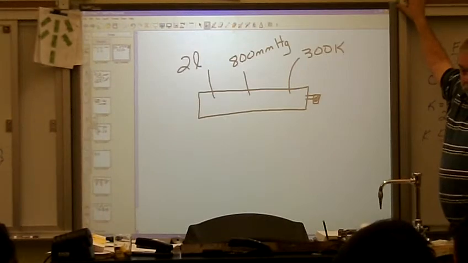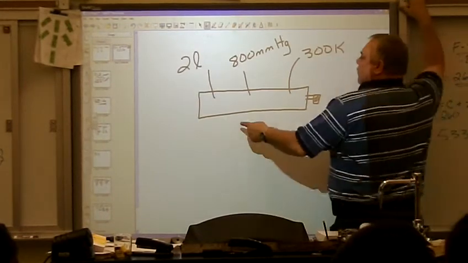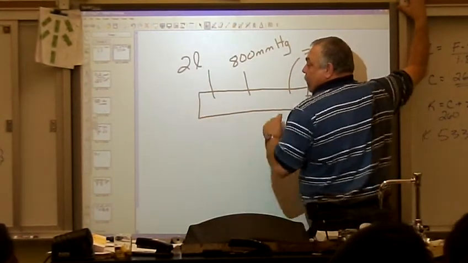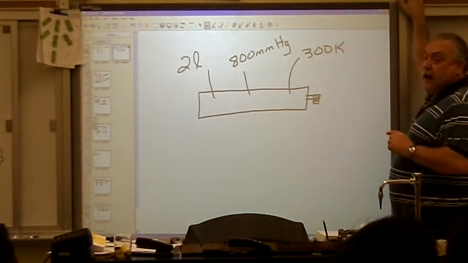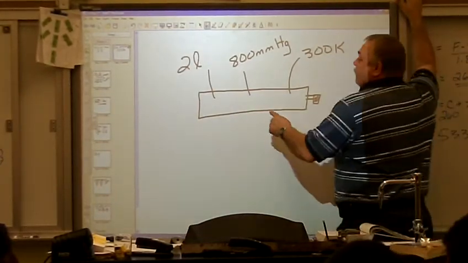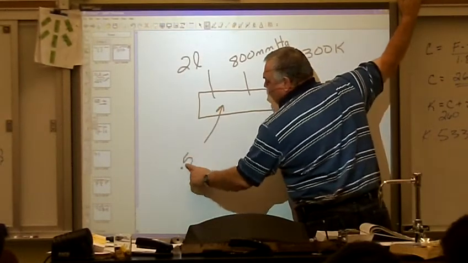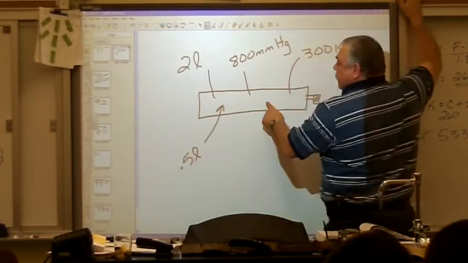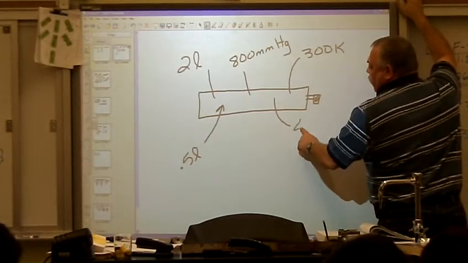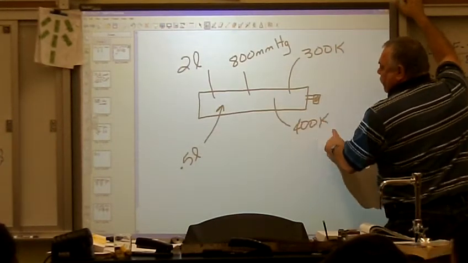But here's what happens. This object gets put into a trash compactor, and the volume decreases to 0.5 liters, and the temperature changes to 400 Kelvin.